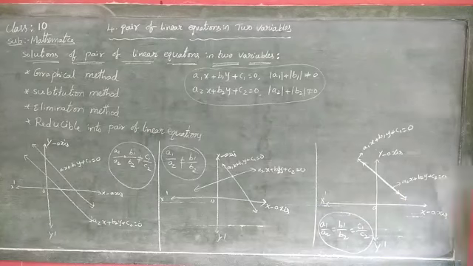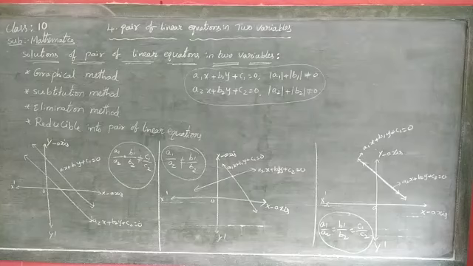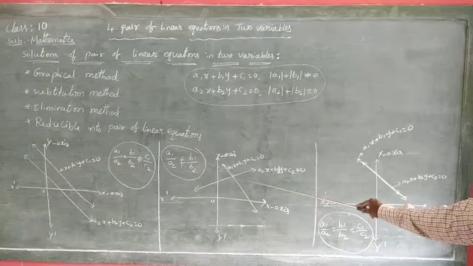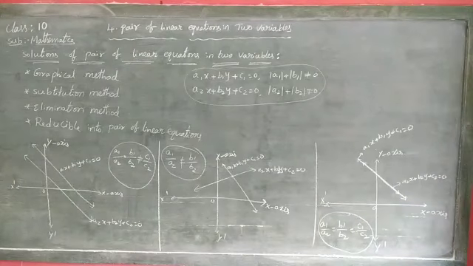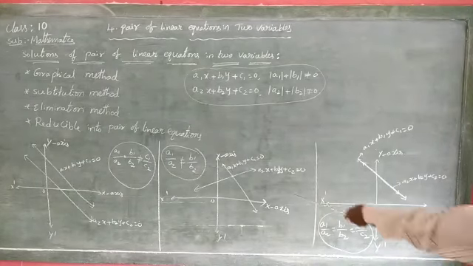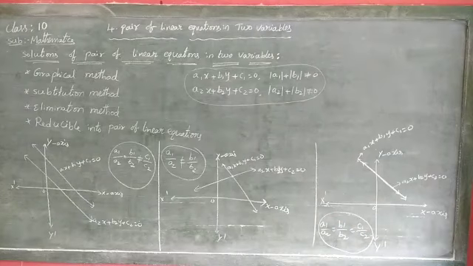Then that is called the common ordered pair for both the equations. That means there is a solution of the given pair of linear equations in two variables. So the corresponding x value will be used as the x value, the corresponding y value will be used as the y value. The coordinates of the point will be used as the solution of the given pair of linear equations.